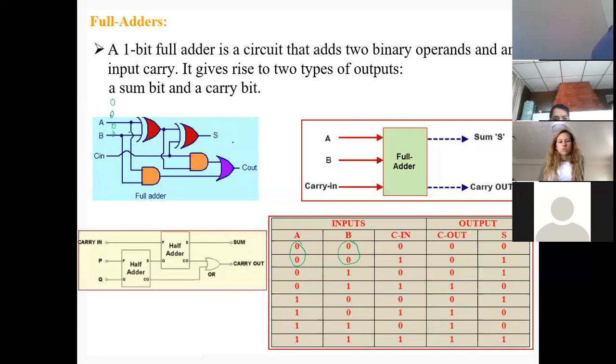Then your output will be 0, 0, because this guy just has A and B. So when this is 0, you get this 0. When this is 0, you get this 0. Okay, so we don't have any role here. So this C in is for this guy here, this guy only.